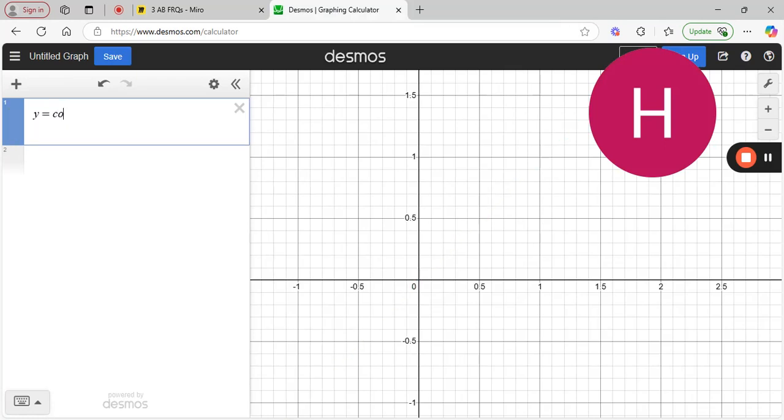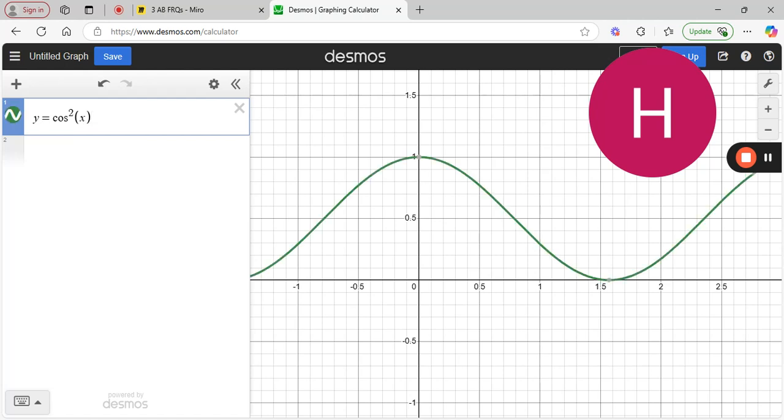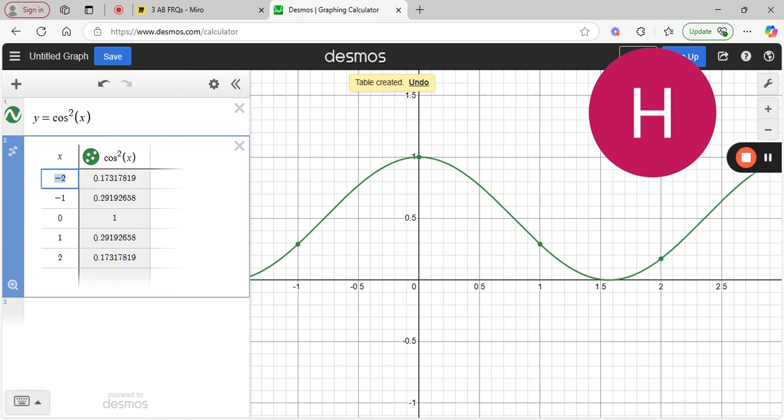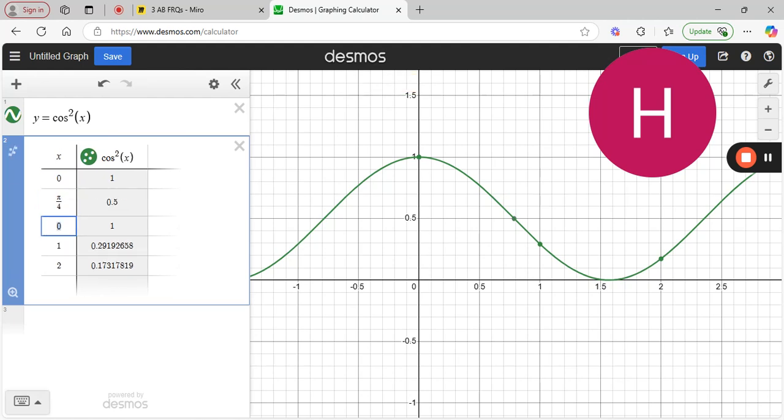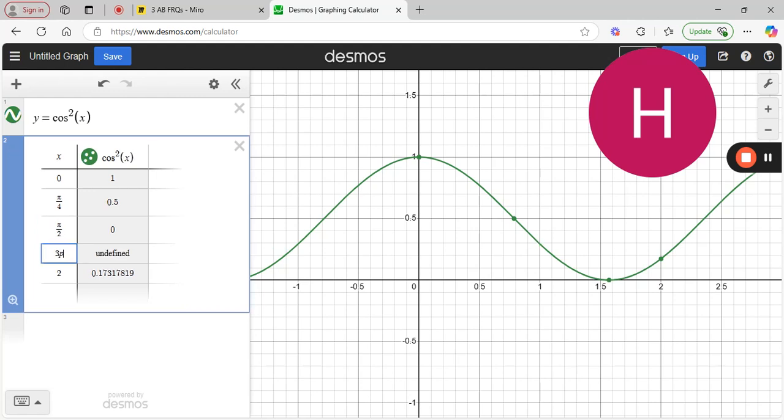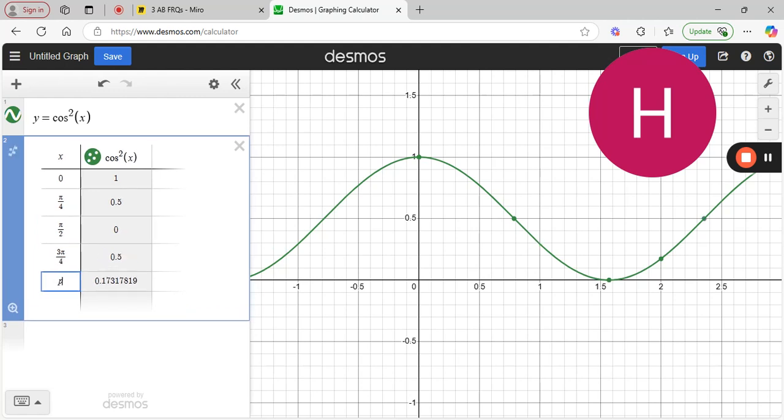If I want to evaluate cosine squared, I can edit the list, turn it into a table, and now I can plug in values: 0, pi over 4, pi over 2, 3 pi over 4, and finally pi. Now these are some pretty nice values, and you'll see that they were highlighted here.